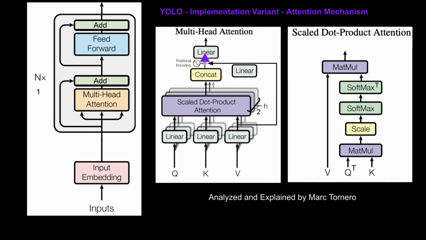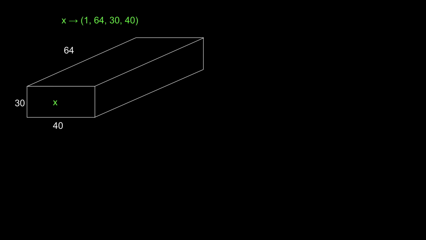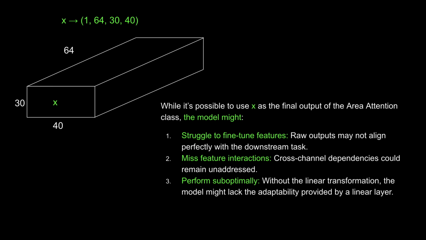Almost. While we could use this combined attention with positional encoding tensor as the final output of the area attention module, this approach has some limitations. Without a final linear layer, the model might struggle to fine-tune features, miss important feature interactions, and underperform due to reduced adaptability.